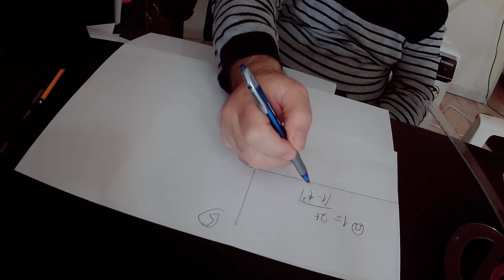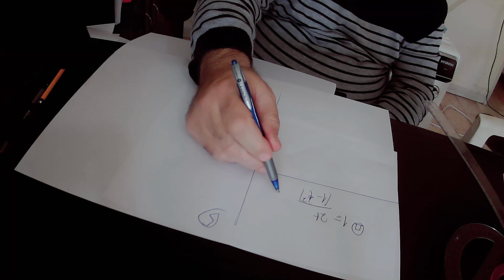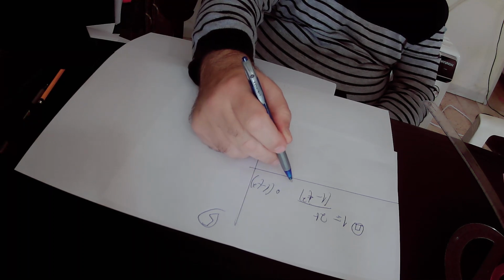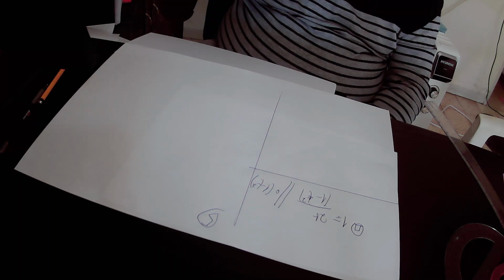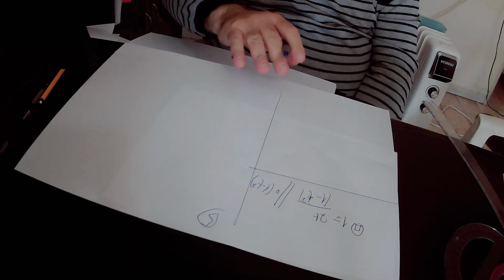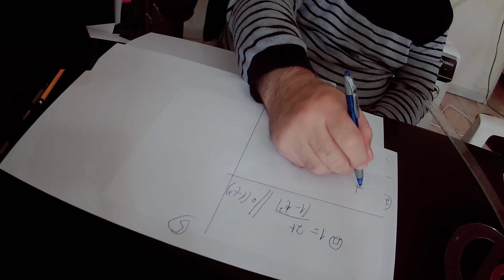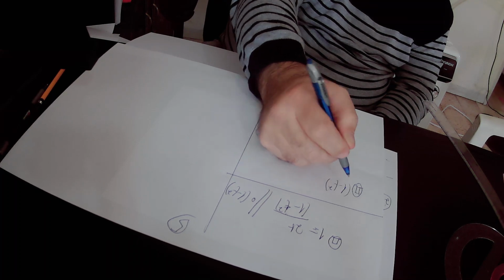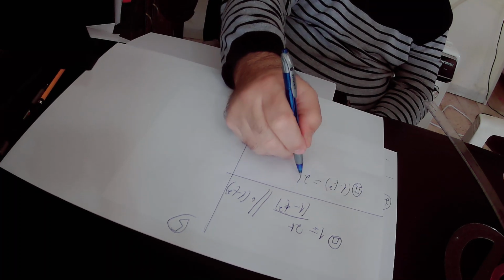Here we multiply this equation number 2 by 1 minus t squared, and you will get that 1 minus t squared equals 2t.